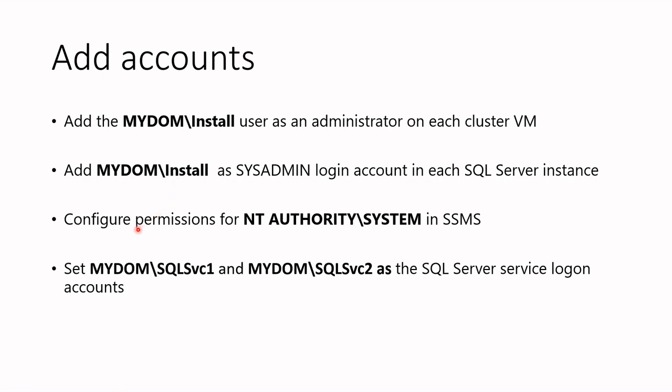And then afterwards, we configure permissions for the account called NT Authority System in SSMS. And finally, we set the SQL Service 1 and SQL Service 2 accounts as the SQL Server service login accounts in each replica. Let's get started.